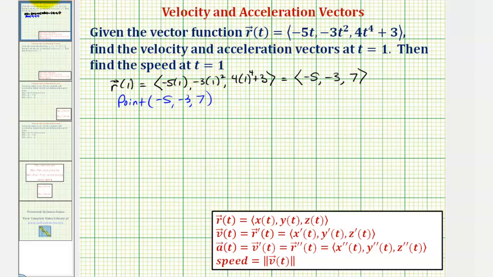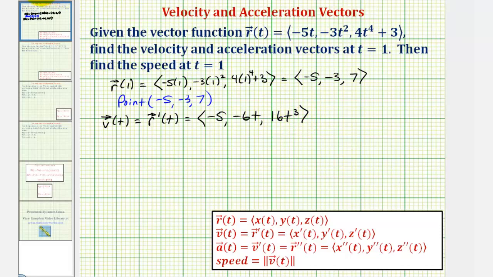And again, once we find these vectors and the speed, we'll take a look at this graphically. So now we'll determine the velocity vector valued function v of t, which is equal to r prime of t. So the x component would be the derivative of negative 5t with respect to t, that'd be negative 5. The y component would be the derivative of negative 3t squared, that'd be negative 6t. And the z component would be the derivative of 4t to the 4th plus 3, that would be 16t to the 3rd.